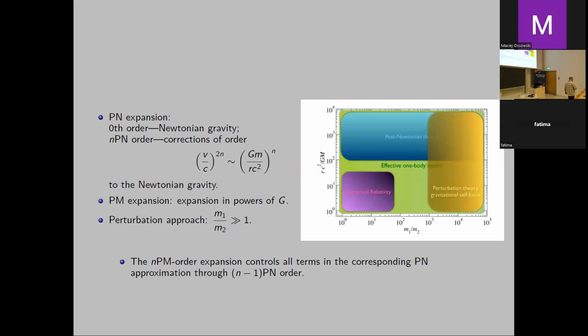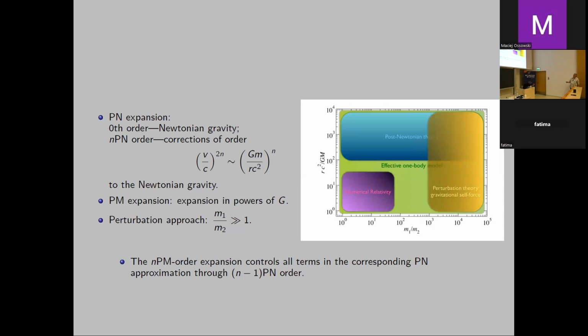Okay, so it's time to say what we mean by post-Newtonian expansion. This is a weak field and slow motion expansion of general relativity. So the zeroth order expansion is just Newtonian gravity. And by nPN order correction, we mean a correction of the order (v/c)^(2n), where v is a typical relative velocity within the source.